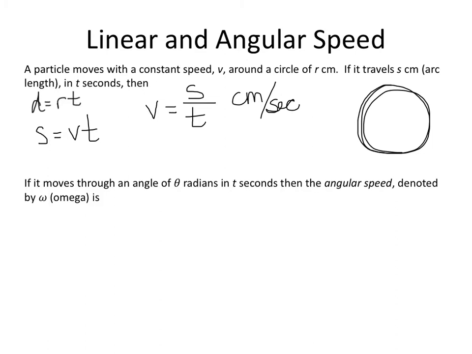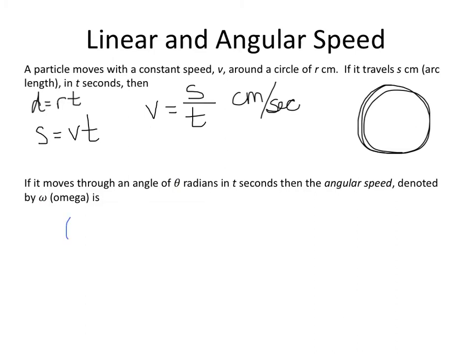That's our angular speed. So in this example, we're moving through an angle of theta radians. That's kind of our distance. Our angular speed, that's our rate here, is called omega, even though it looks like a W. And t is still time in seconds.